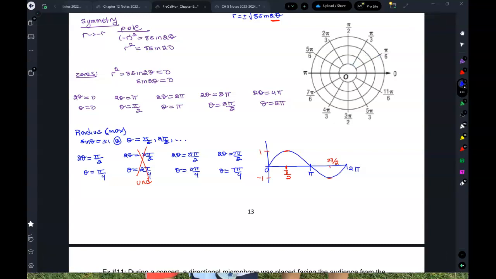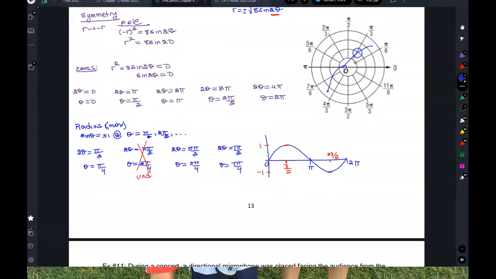So the math tells me you could have possibilities at pi over 4, 3 pi over 4, 5 pi over 4, and 7 pi over 4, where the graph goes out to the maximum. Now, not only do I want to find that, I also want to find how far out it goes. So why don't we do that, and maybe that will help in finding this.